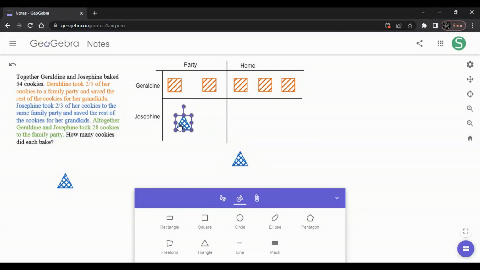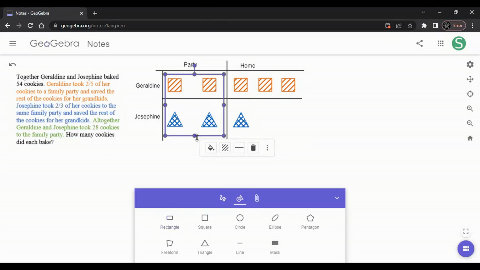We'll put 2 of these triangles over here and save the last one for home. There. Now that we've finished representing the orange and blue sentences, we can work on the green one, in which it says Geraldine and Josephine took 28 cookies to the family party. Now we'll just circle this.